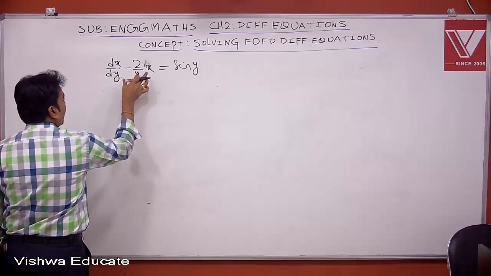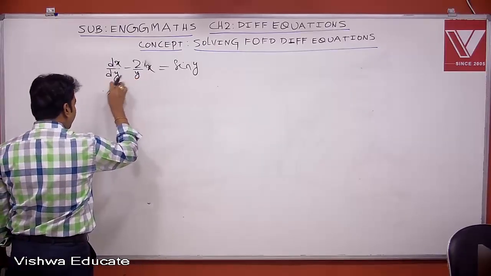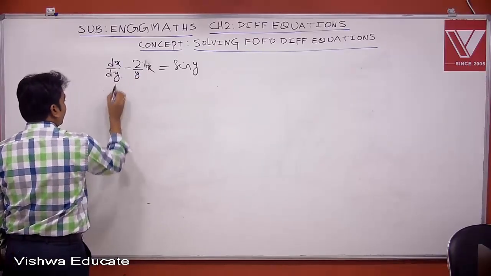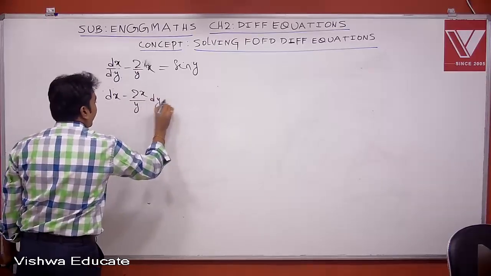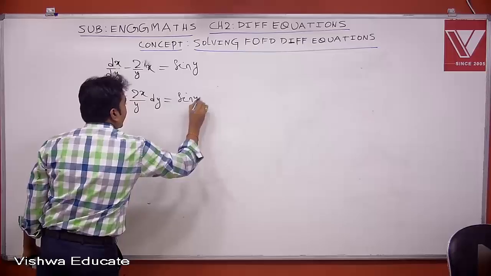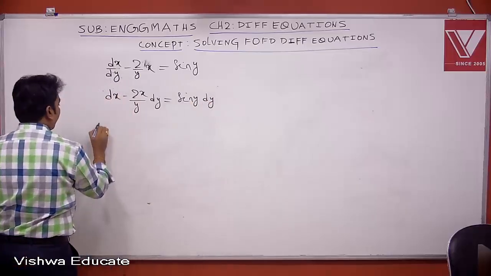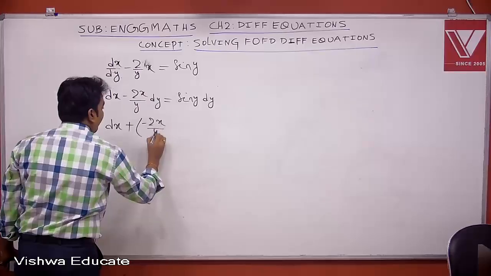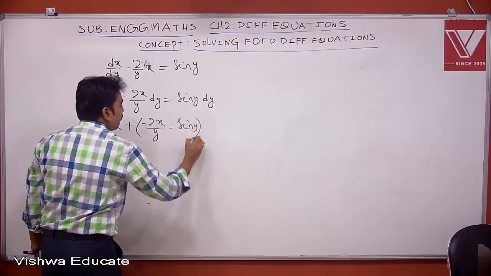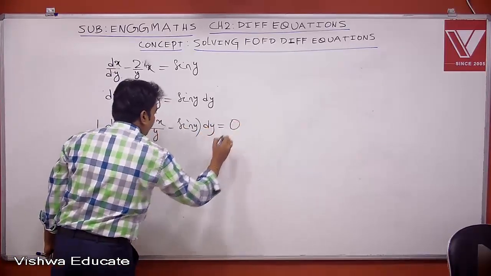Now let us try to convert this equation in the form M dx plus N dy equal to 0. So dx minus 2x by y into dy equal to sin y into dy. Now this is 1 dx plus minus 2x by y minus sin y into dy equal to 0.